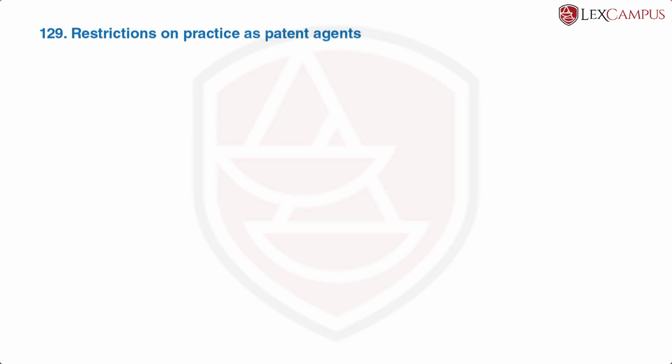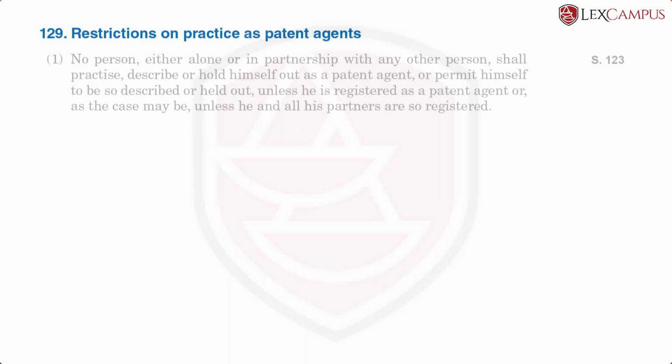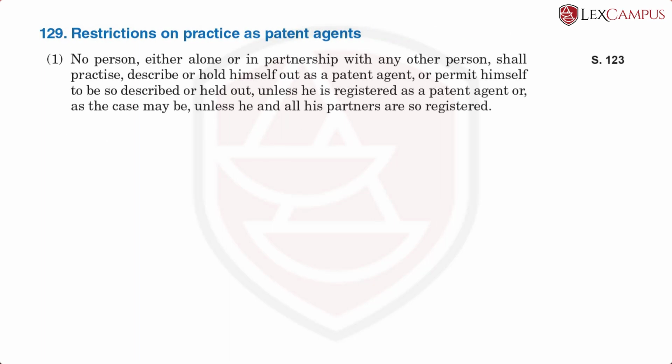There are some restrictions on the practice. No person can hold himself out as a patent agent unless he and his partners are so registered. So, if you are a single person or an association of individuals, you cannot show yourself as a partnership unless all the partners are also patent agents.